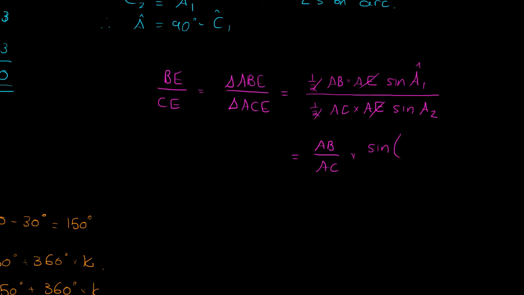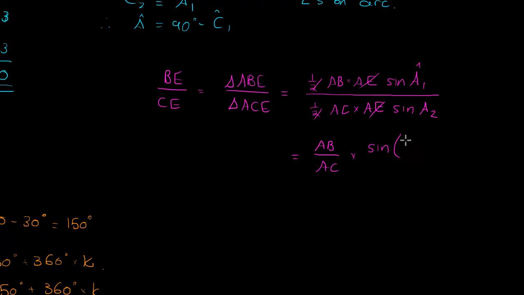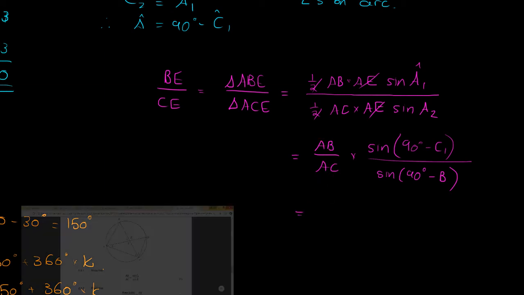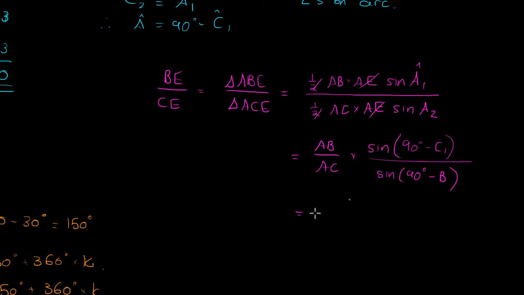Now we'll use our A1 equal to 90 degrees minus C1, and A2 is sine of 90 degrees minus B, and then AB over AC, we showed, is sine C1 over sine B. So this is sine C1 over sine of B.